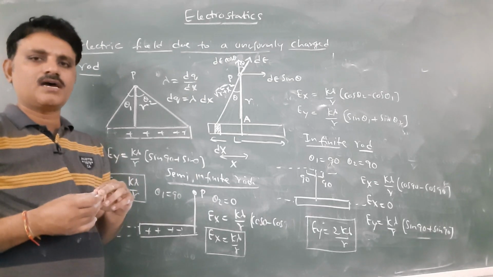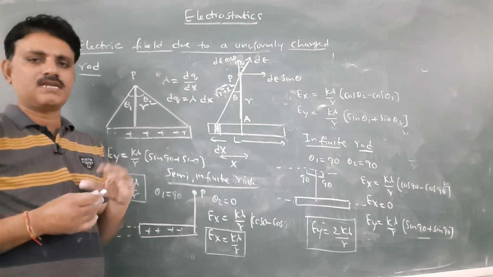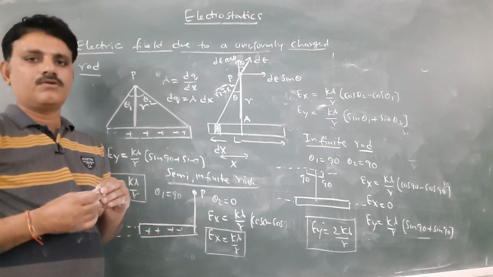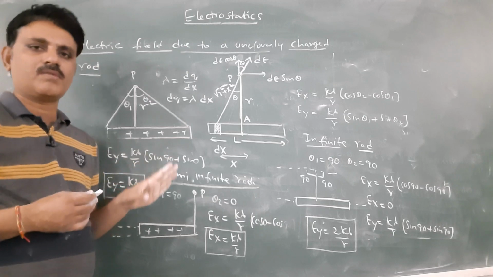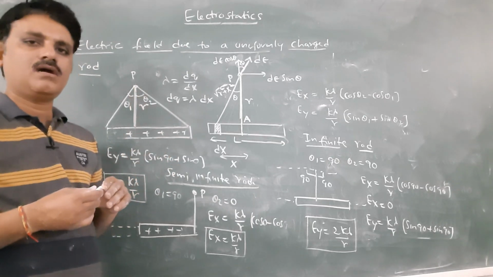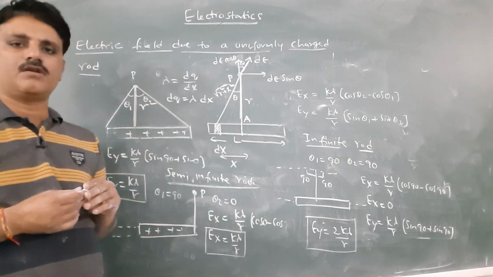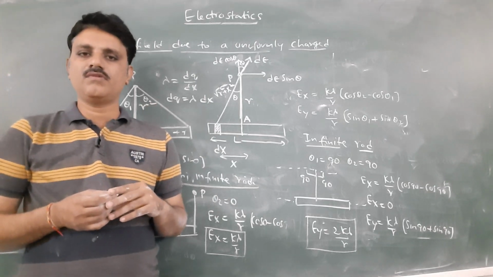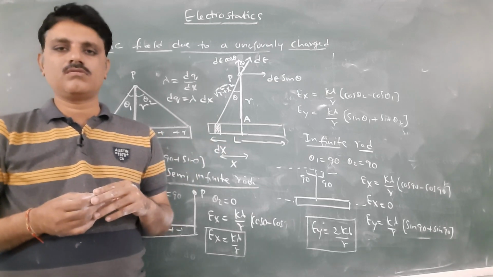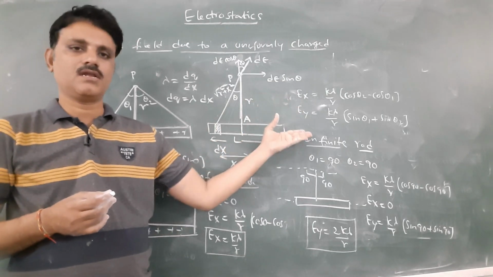In the first case we calculated the electric field along the axial line, and in the second case we calculated the electric field due to a uniformly charged rod perpendicular to the rod at a point P. The electric field is divided into two components, Ex and Ey. So we calculate Ex and Ey.